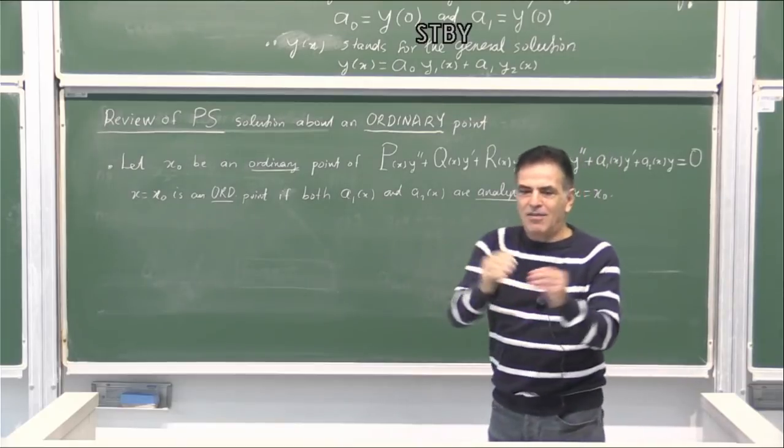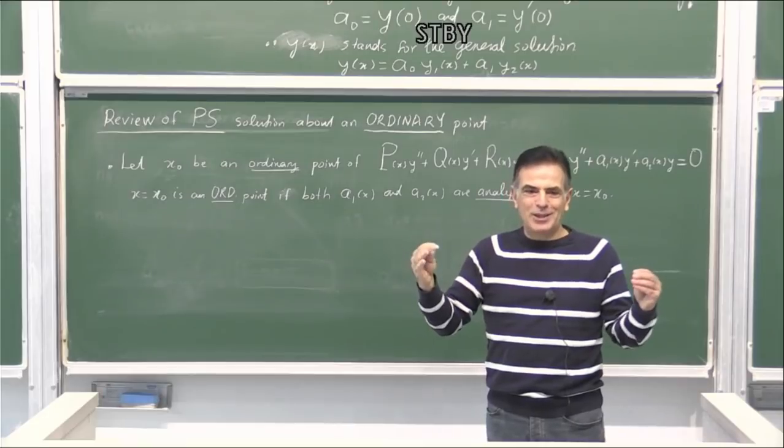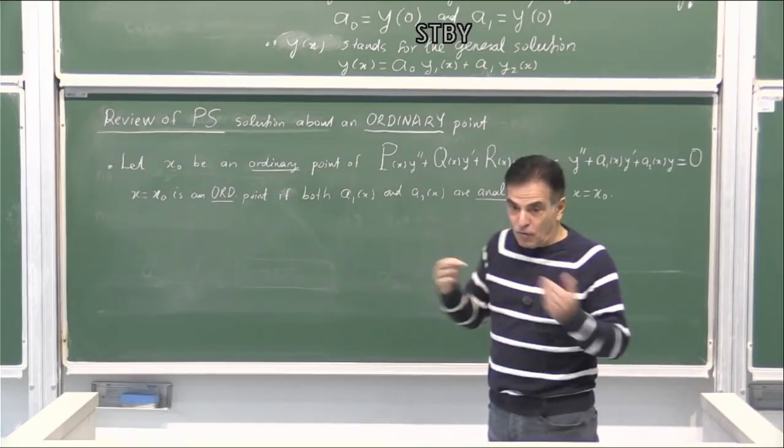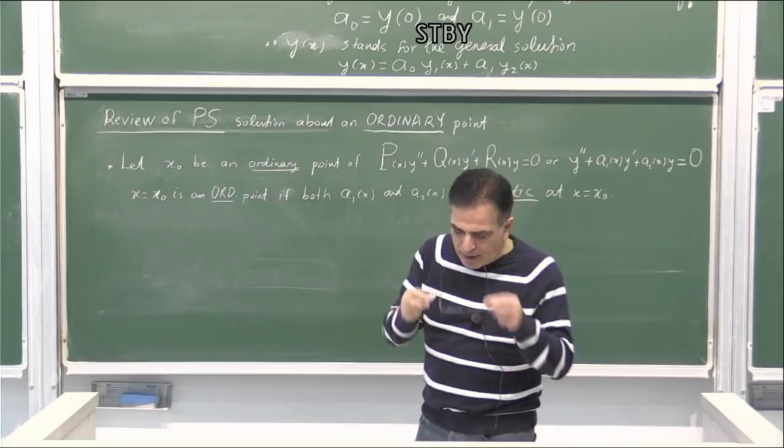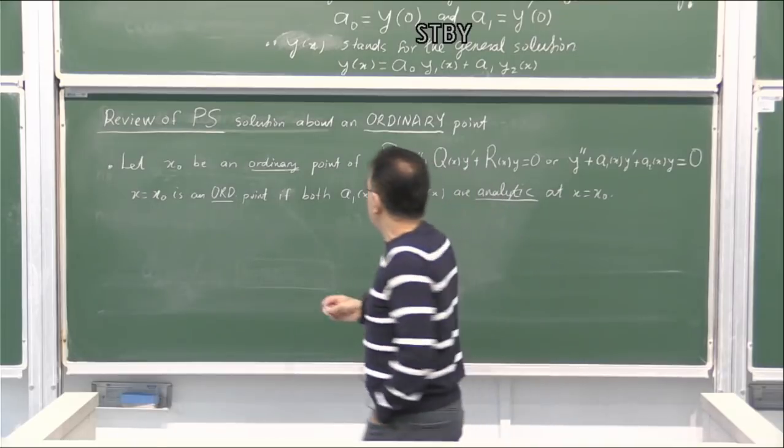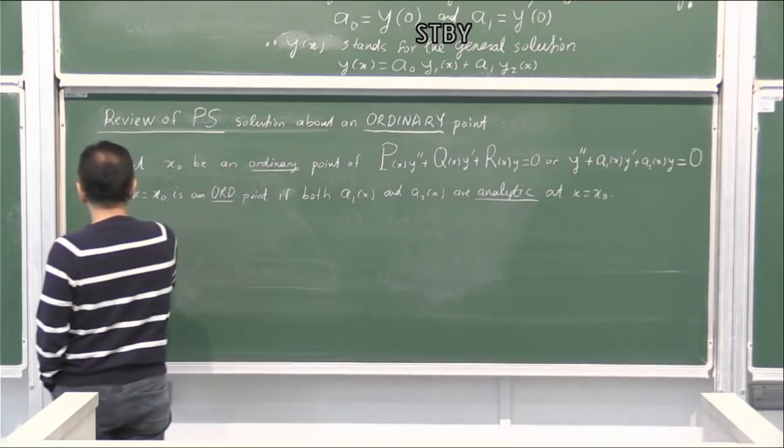That is, they have a power series expansion about x0, a convergent power series expansion. And recall, now we use the two theorems.